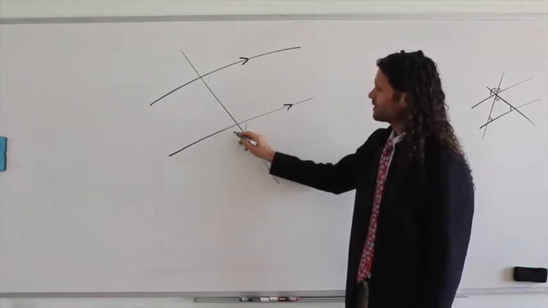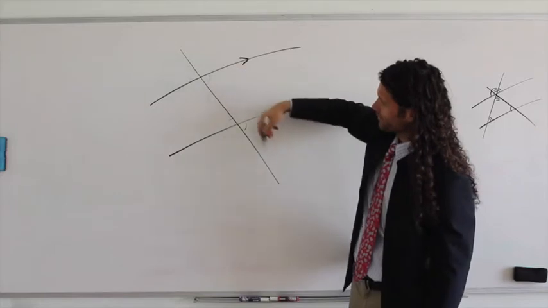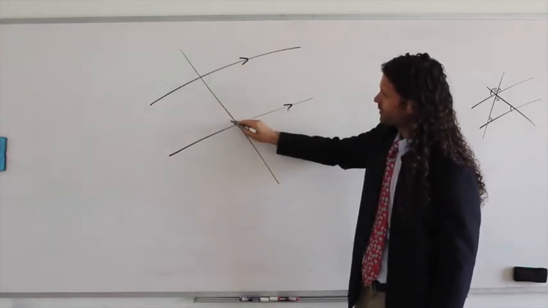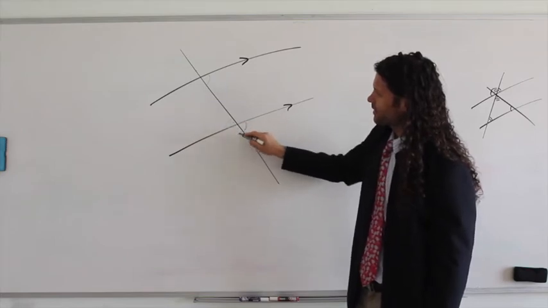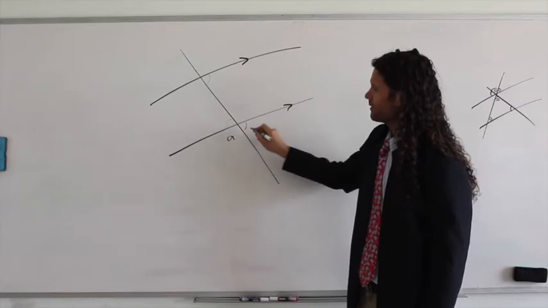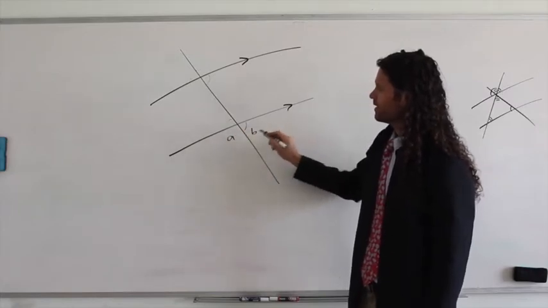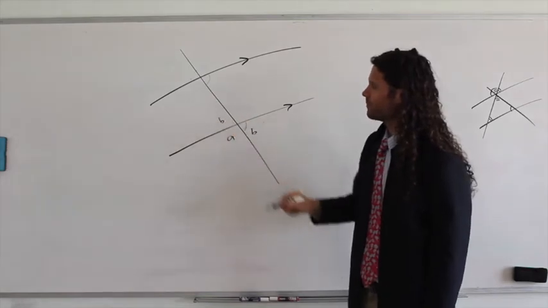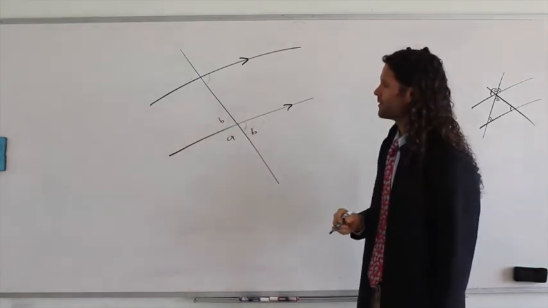If this angle and this angle are supplementary, and we also have another line this way, then this angle and this angle are supplementary. If these two angles are supplementary, we'll call it A plus B equals 180. Then A plus this equals 180, and we already know that A plus B equals 180, so that must be true there.